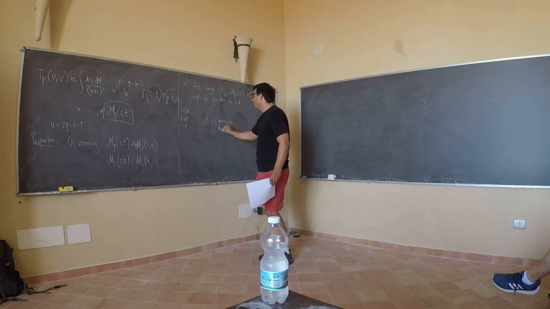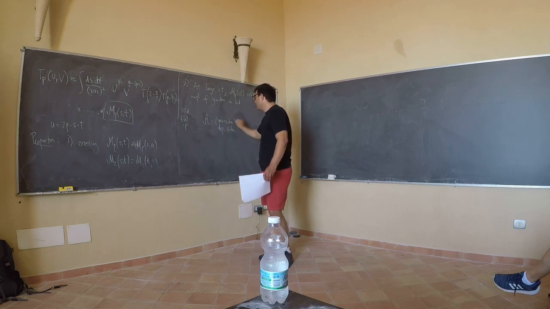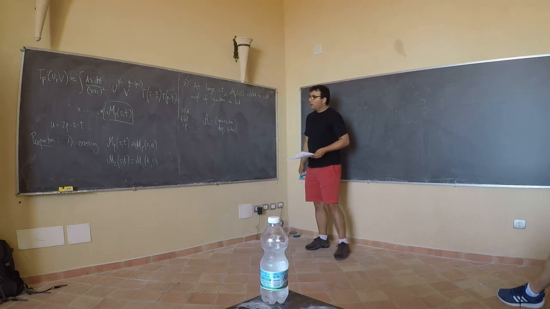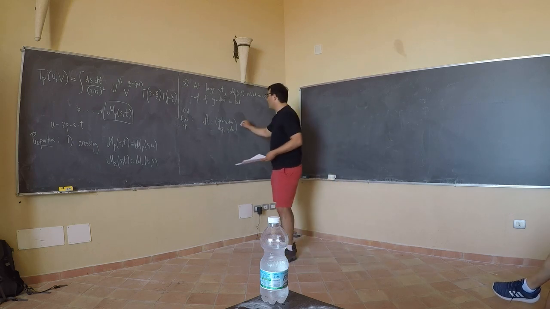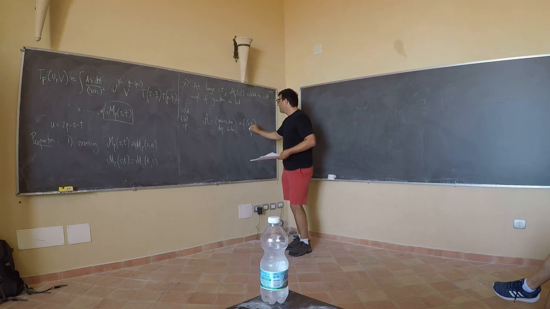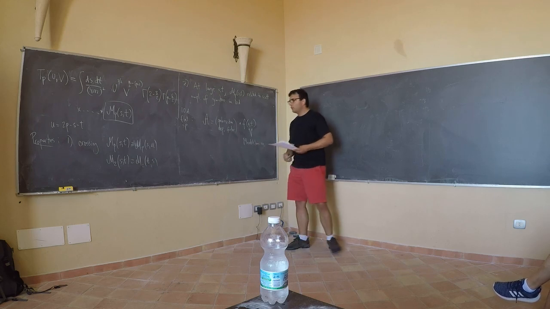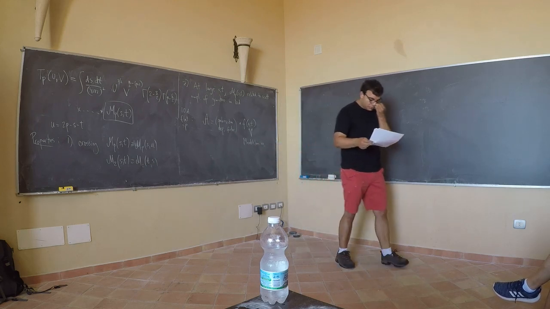So there's a polarization dependent factor, but it's all multiplied by a single function of S and T, where now S and T are the Mandelstam invariants in 10D.